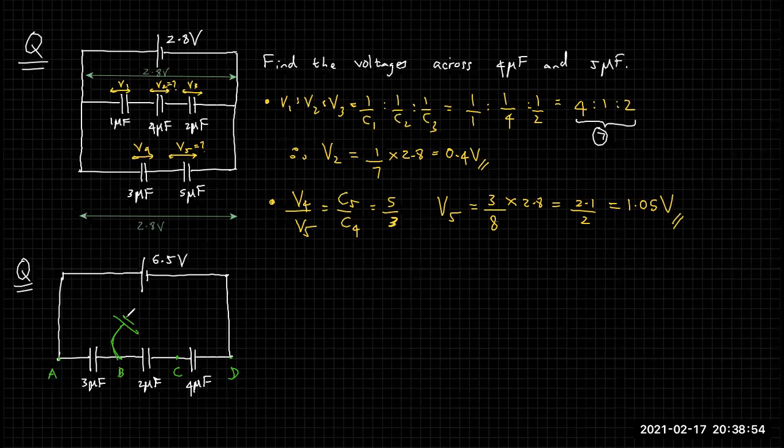This is the symbol or sign they will use to say that B is grounded. Okay, point B is grounded. And let's say they are asking you to find, this is the question, what is the electric potential at point B?